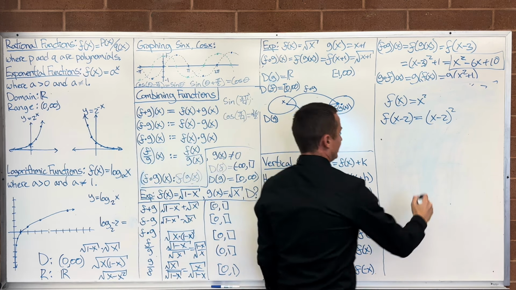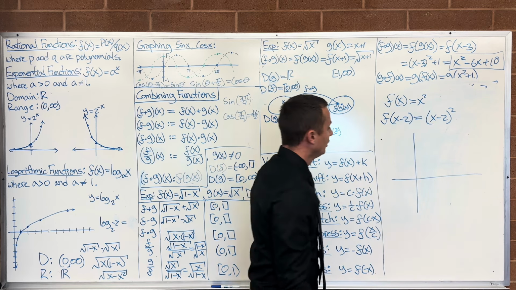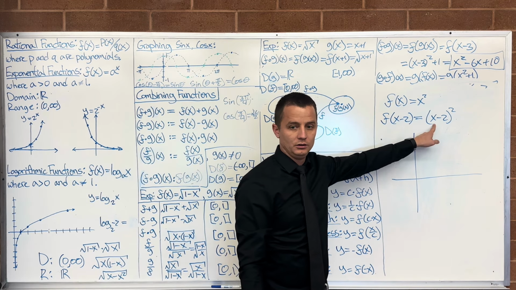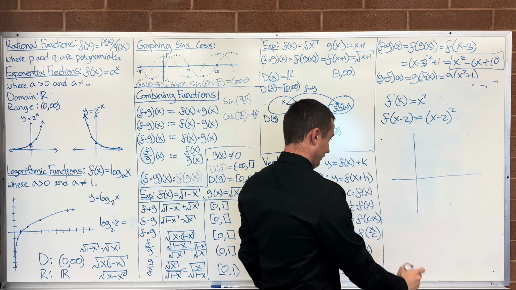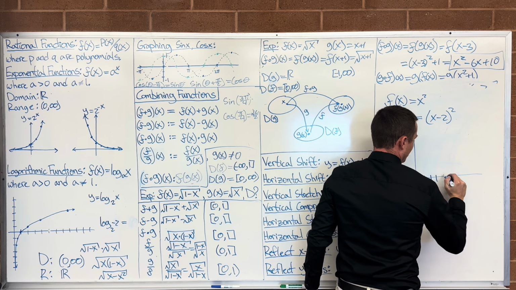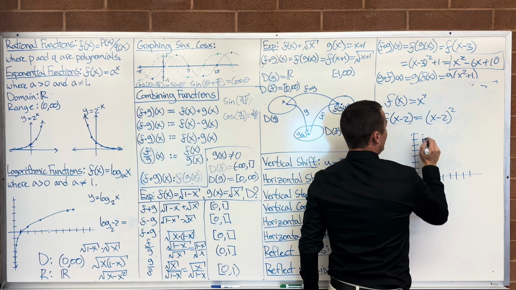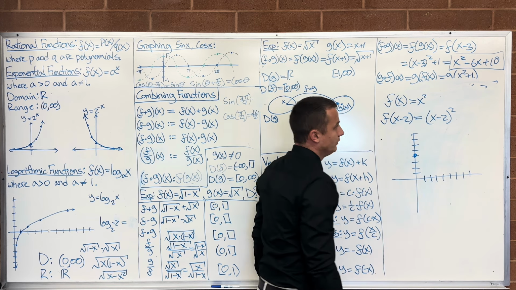Let's graph this thing really quick and see what happened. What do I get when I plug 0 into this? 0 minus 2 is negative 2, squared is 4. So at 0, we got 4.